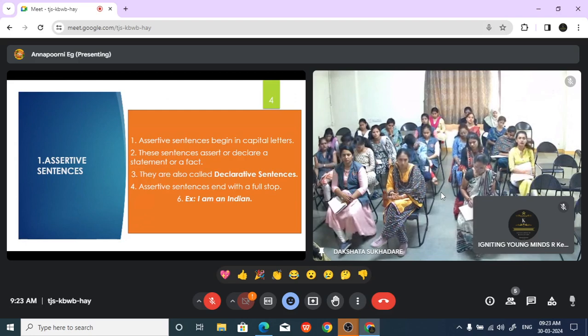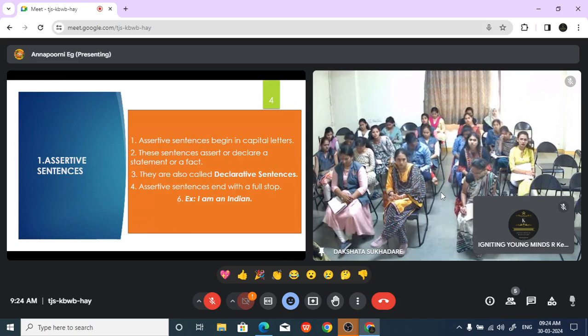Now let's see. Assertive sentences end with a full stop. As I already said, they end only with a full stop. For example, I am an Indian. Let's see whether all these rules are followed here. I is in capital letter. The sentence ends with a full stop. Is this sentence declaring a statement or a fact?